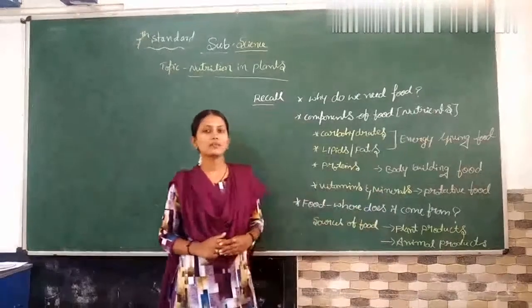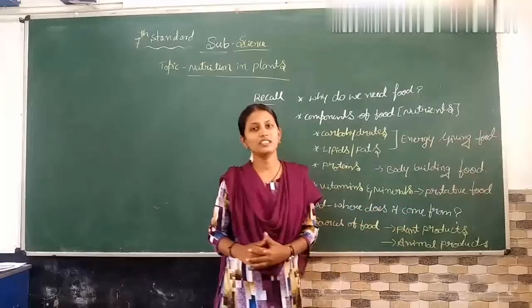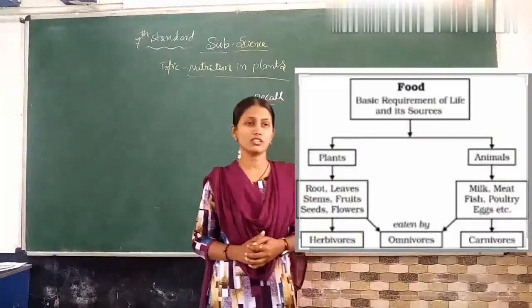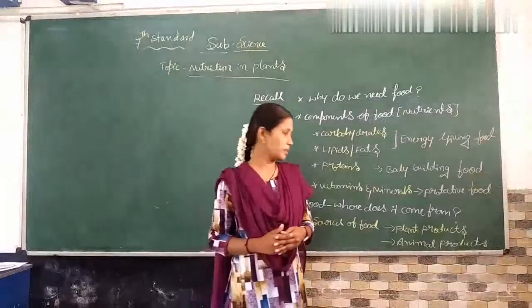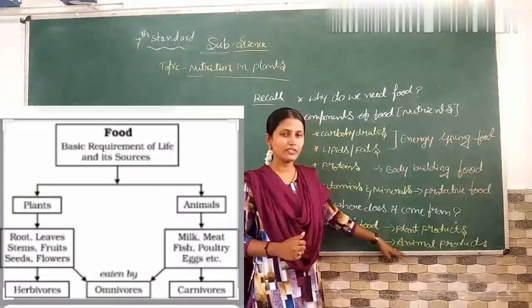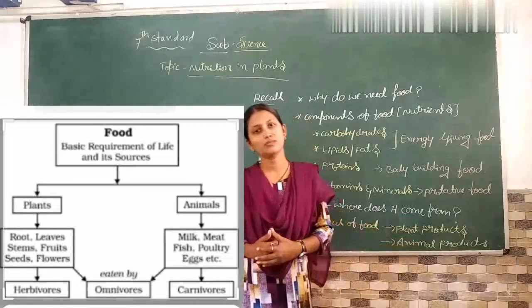Then you may ask me where food comes from. As we learned in 6th standard, we get food from different sources. We get it from plant products and also from animal products. Then which are the plant products?